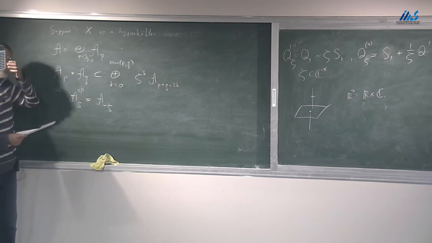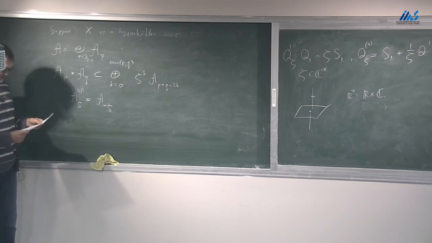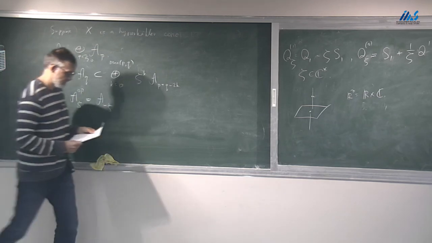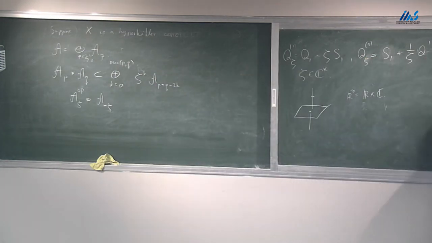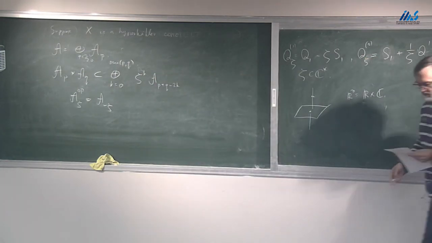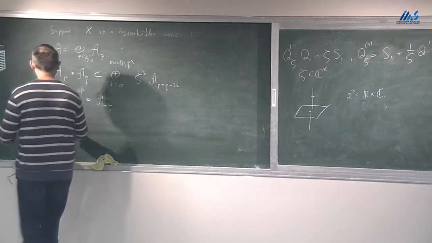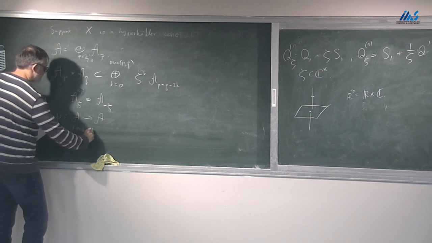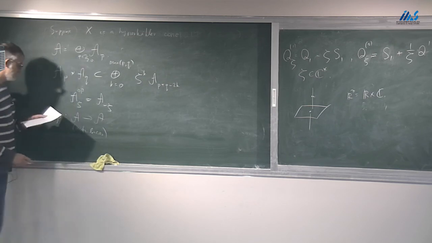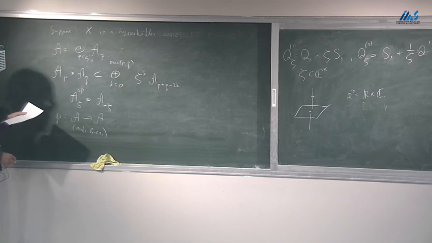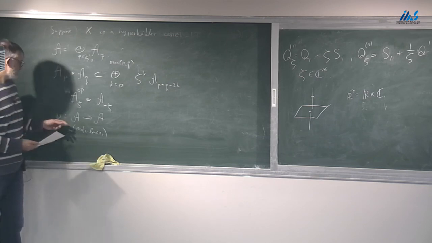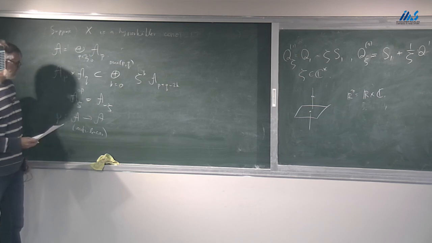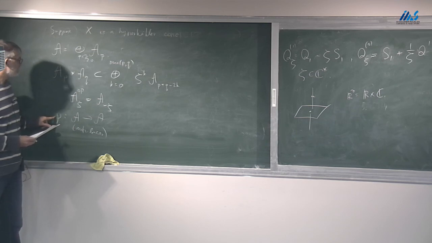Furthermore, there is some unitarity constraint, namely there is some antilinear map. Do you have zeta or not here?